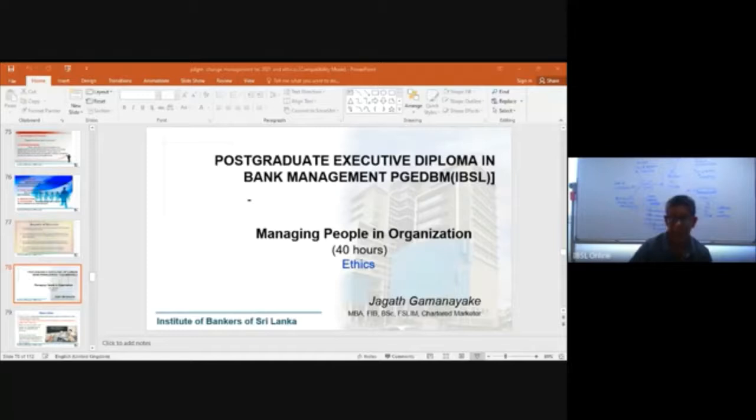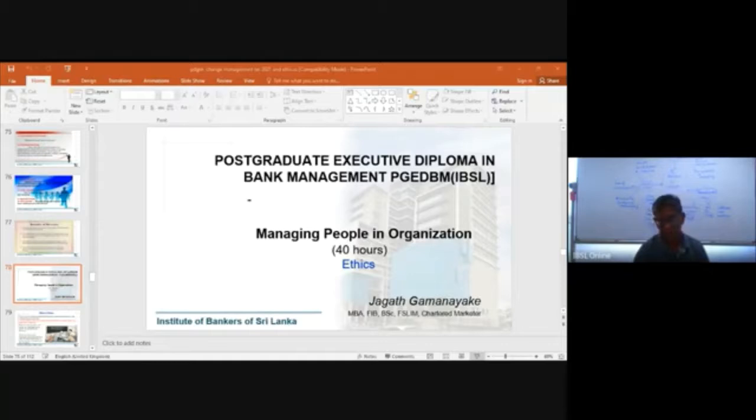So these are the principles of professional banking that a banker shall comply with.